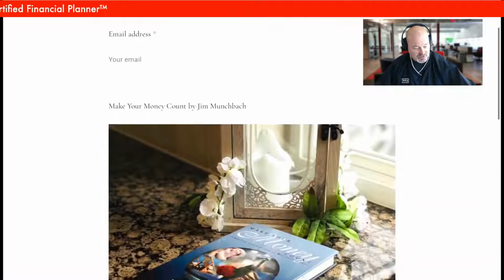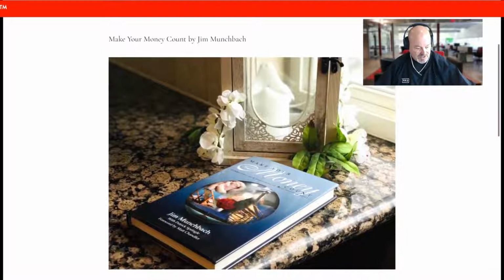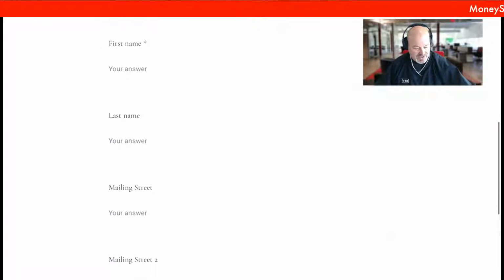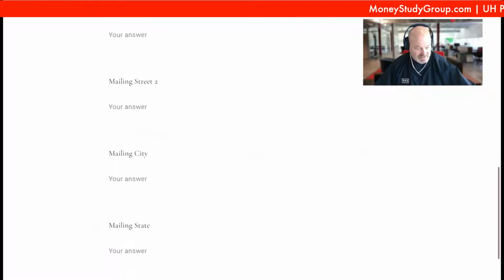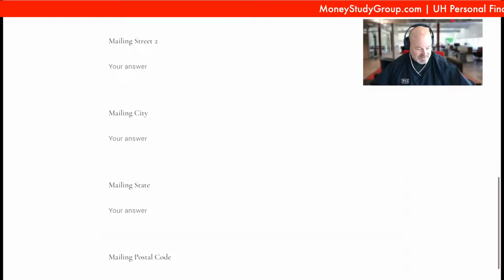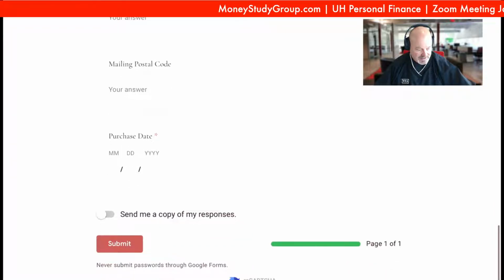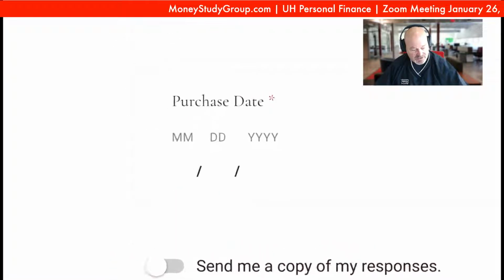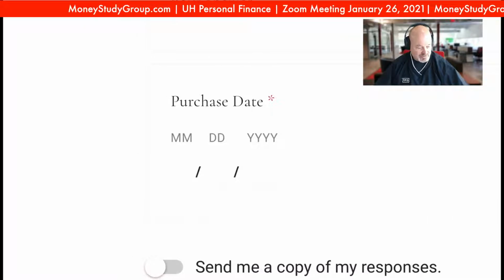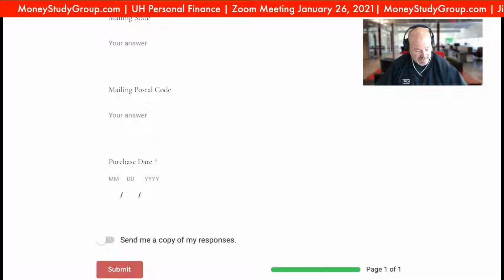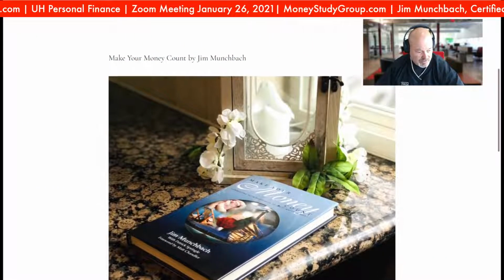Here's where I need you to put in your email, which is required for the form, your first name, your last name, your mailing address, city, zip code, and also the date that you enrolled. That's on your receipt from PayPal. Most of you use PayPal, but if you put that in and then hit submit, you'll be on the list.